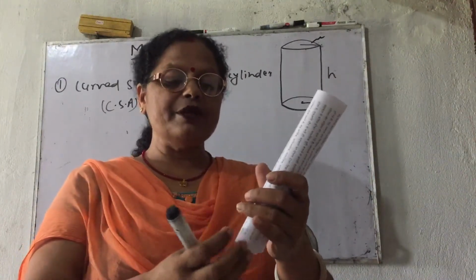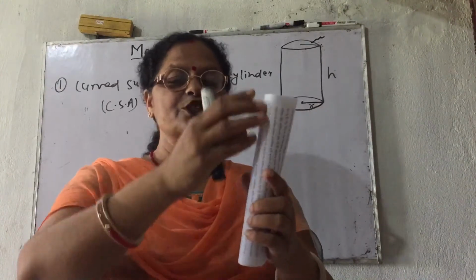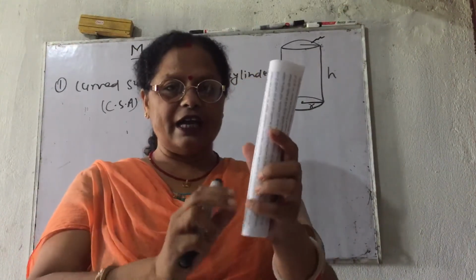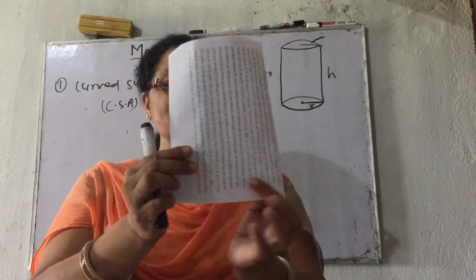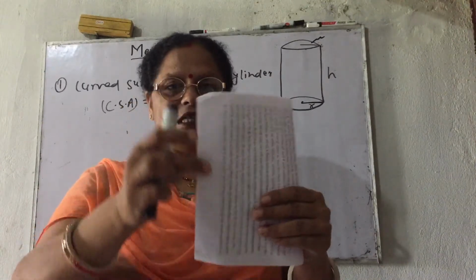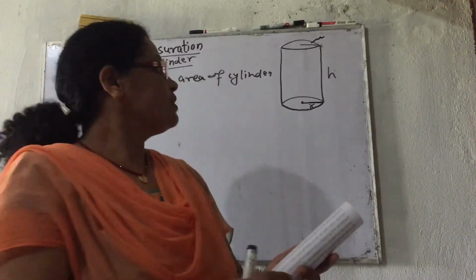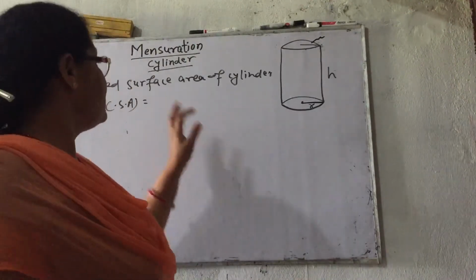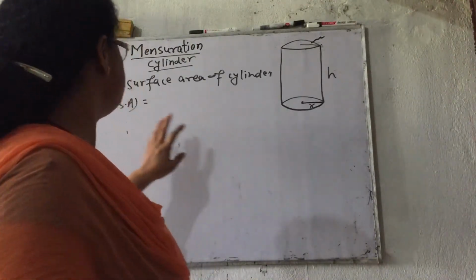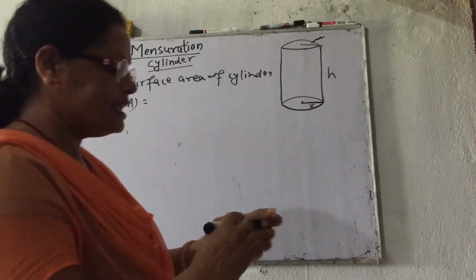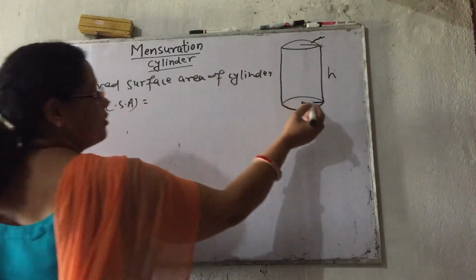That means perimeter of the base into height. Perimeter of the base means this part, and height of the cylinder means this part. So let's find out the curved surface area of the cylinder. That is denoted by CSA, curved surface area. It is perimeter of the base into height.